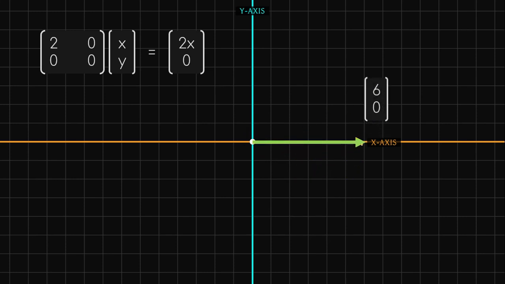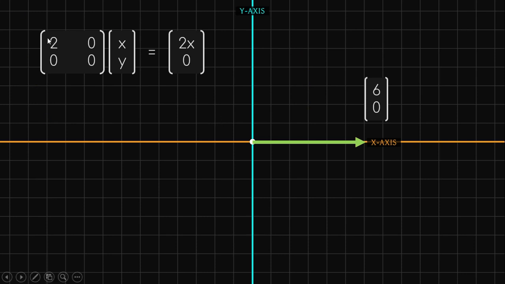When that happens, there is no going back, because when you are at (6, 0), there is no way to say from where you ended up here. You could have come from here, you could have come from here, or here, or here. So the one-to-one relationship that existed between the original vectors and the transformed vectors does not exist anymore, and hence this matrix does not have any inverse.